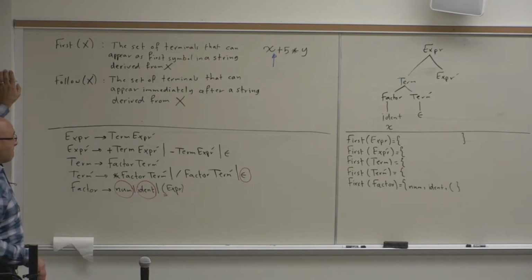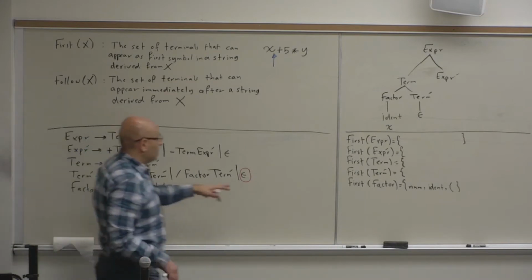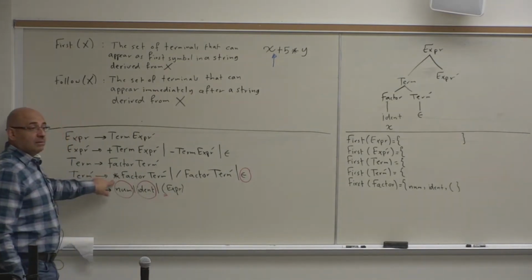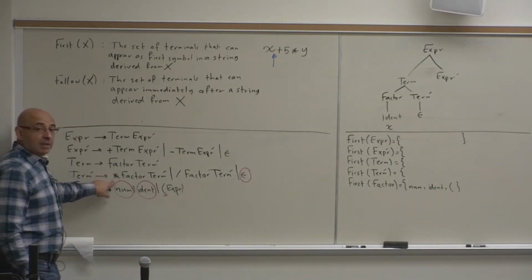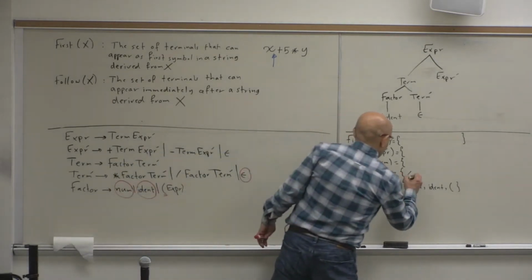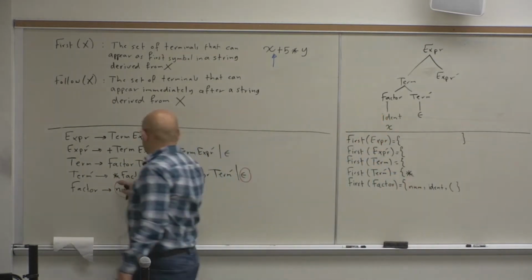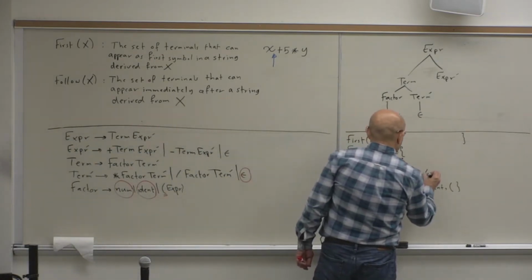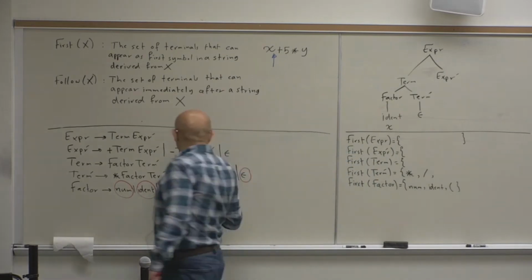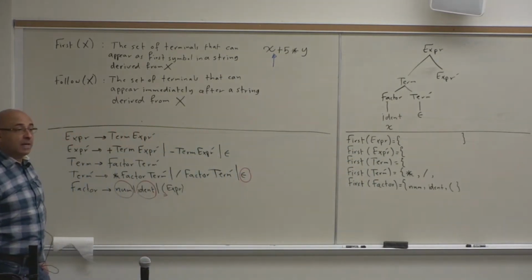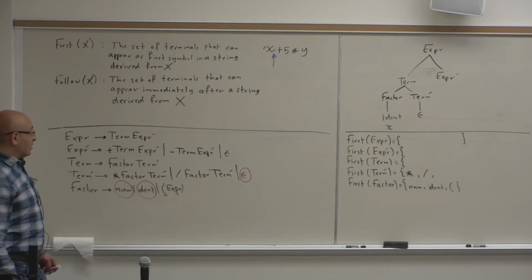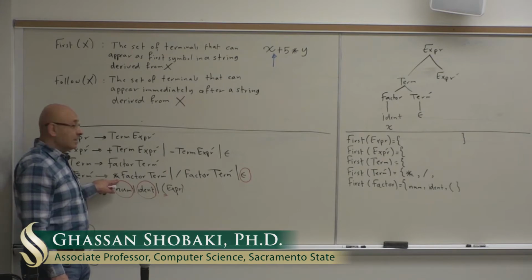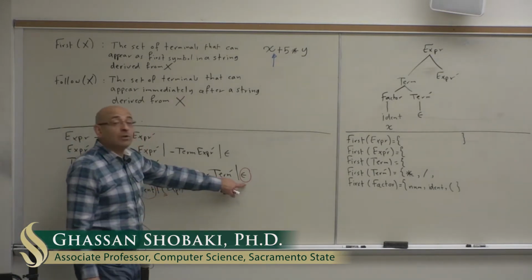Now, what about term prime? What can a term prime start with? Clearly, with this rule, it can start with a multiply. Here, divide. Or it can start with nothing when we substitute epsilon for it. So a term prime will either start with multiply or divide, or it will start with nothing.